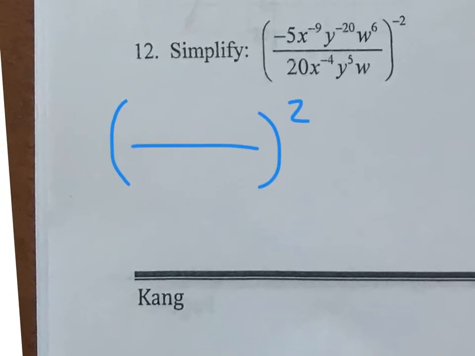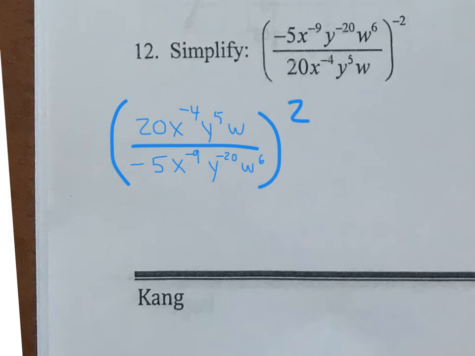We're going to have 20 x to the -4, y to the 5th, w -5, x to the negative 9, y to the negative 20, and w to the 6th. All right, now I'm not going to harp on this one because my student did not circle it, but what I would say is this is going to be a lot easier of a situation because this 2, it's better to have this be positive. I would take things from there.